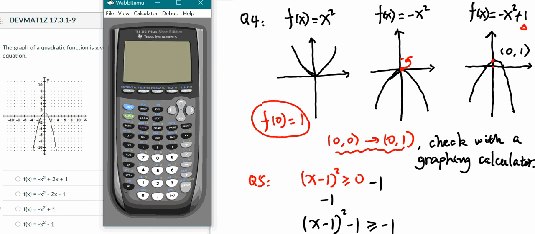You see, turn on your calculator. I already input the equation here for the first one. If you want to input, make sure you choose negative sign, not minus, negative sign. And here is the x, and then squared, no.